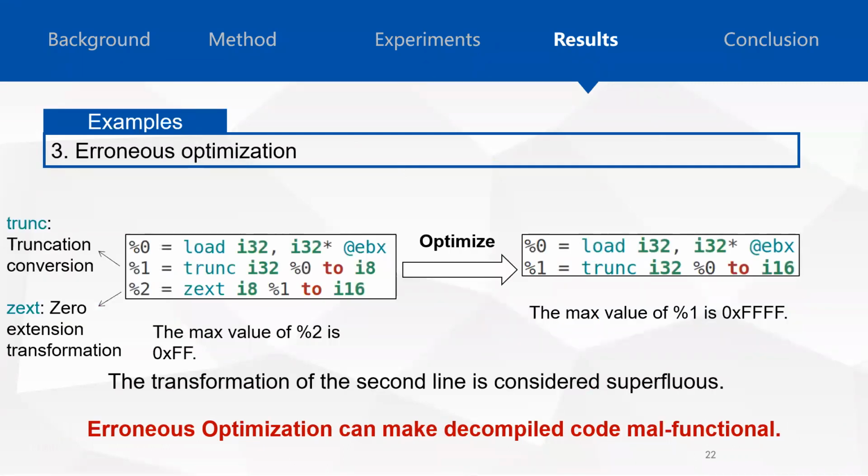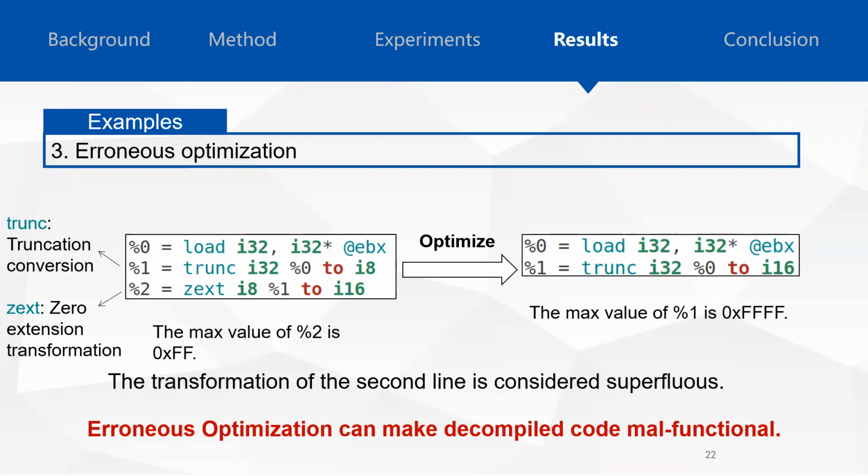And the third example is erroneous optimization. We found that decompilers usually use optimizations implemented by themselves, but some optimization strategies can be wrong in some cases. For example, in this case, on the left side, the variable 0 is an integer with 32 bits length. It's truncated to 8 bits integer in the second line.